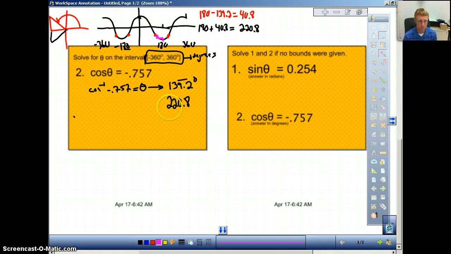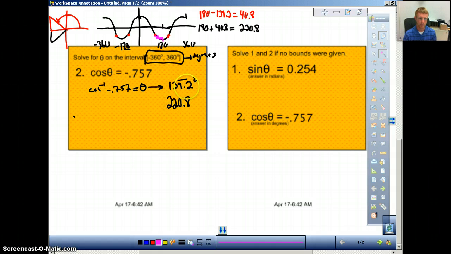Now, the same thing is going to be done to figure out the other two. We've got to figure out what the negatives are. So we can simply do 139.2 minus 360. It's going to be the same thing. What you will find is with a cosine graph, they end up being the exact opposite.